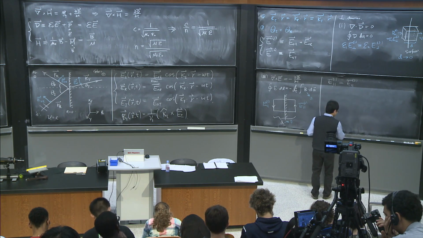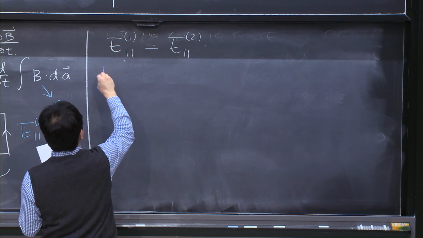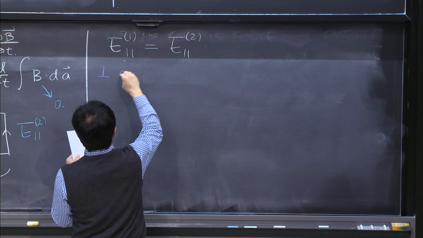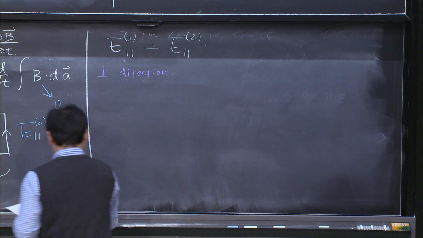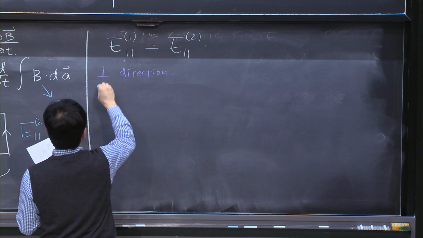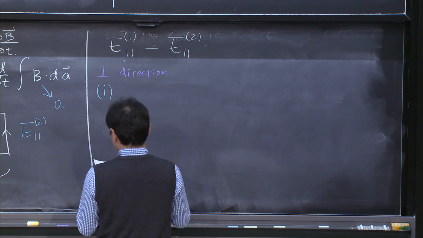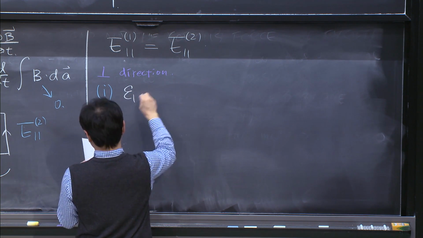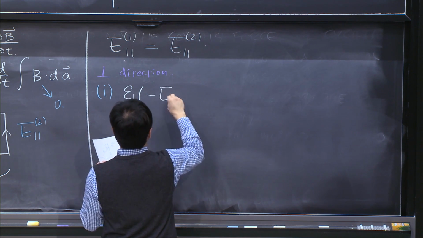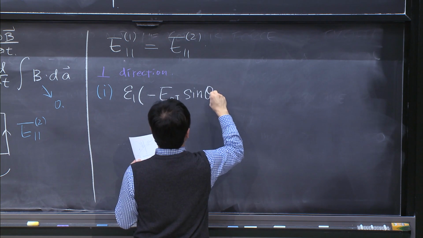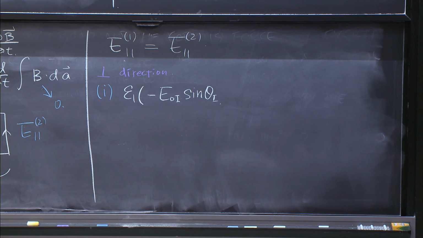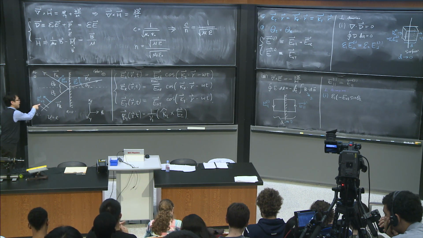The first thing which we consider is the perpendicular direction. Okay? From equation number 1, I will be able to conclude that epsilon 1 times minus E0I sine theta I. So basically, that is the contribution from the first vector E0I. Right?